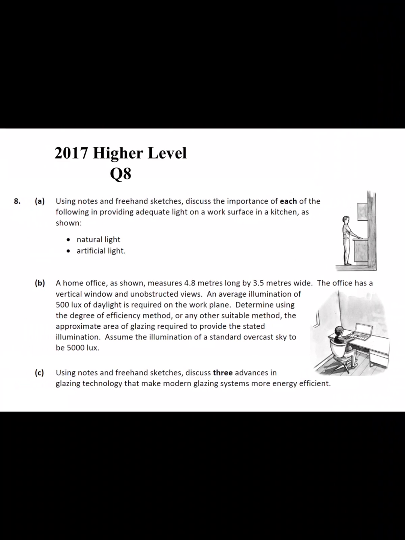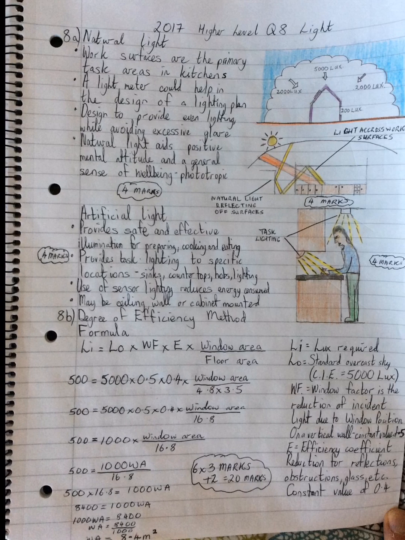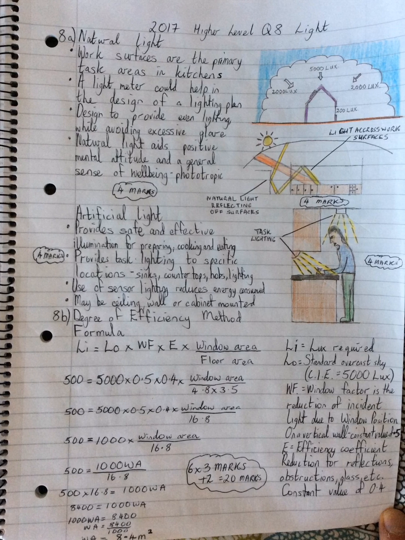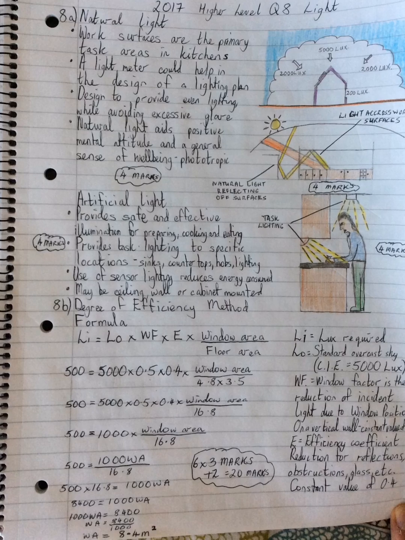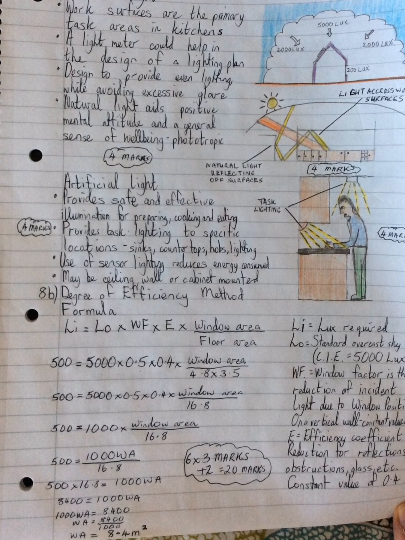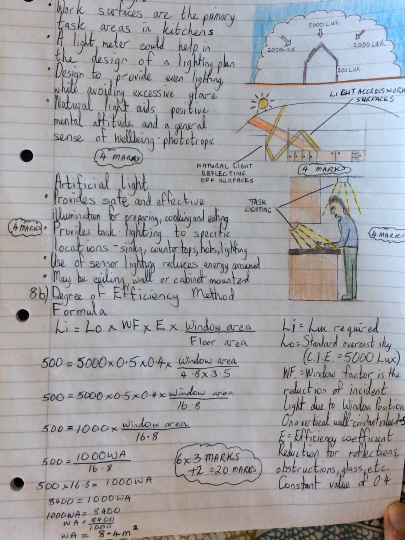So it's very important on this to know our formula and their different definitions and symbols for understanding. The formula for the degree of efficiency method is Li equals Lo by Wf by E by window area over floor area. Li equals lux required.